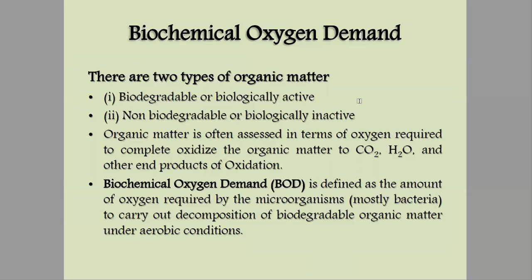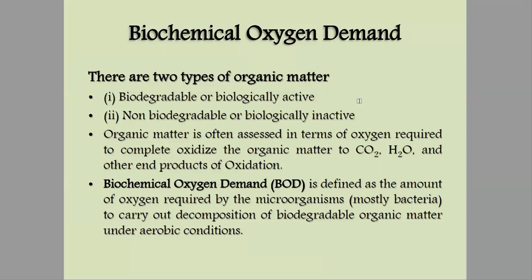Means nowadays, or from the very beginning, we need to classify the wastewater. Okay, and how do we classify them? We just calculate the amount of oxygen required for the oxidation process.